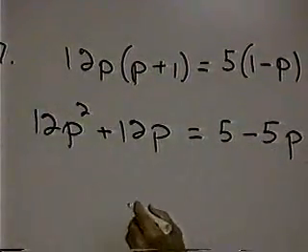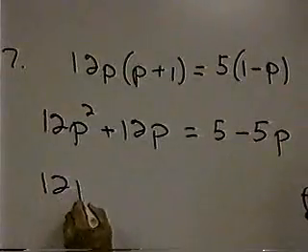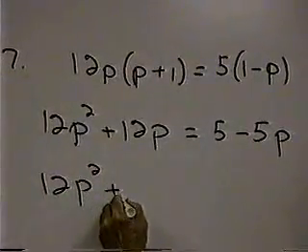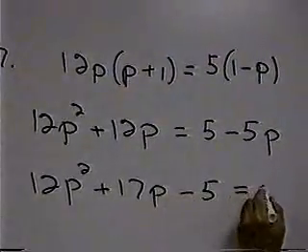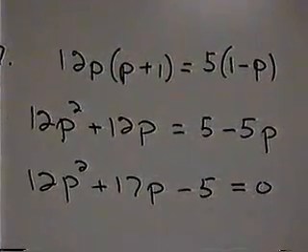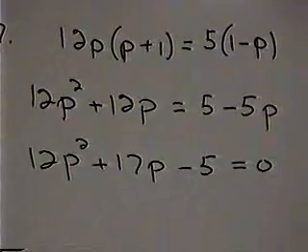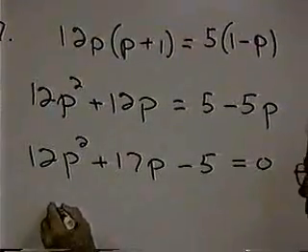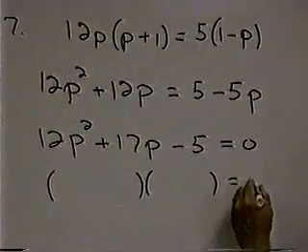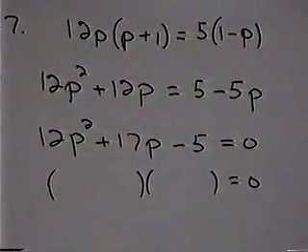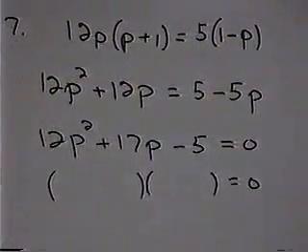Then move everything to one side, so we have 12p squared plus 17p minus 5 equals 0. And now we look to factor, okay? Well, what we're going to do then is to look to see if we can factor this.